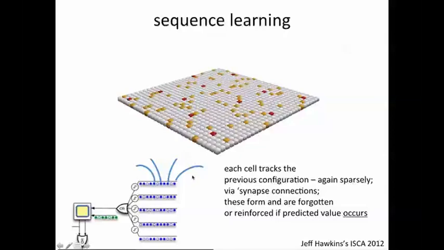So the neuron saw a pattern, and based on its history, it predicted that another pattern would take place in the next step. There are many possible predictions, but some of them actually come true. And based on what comes true, those synapses which predicted the ones which came true get reinforced and strengthened.